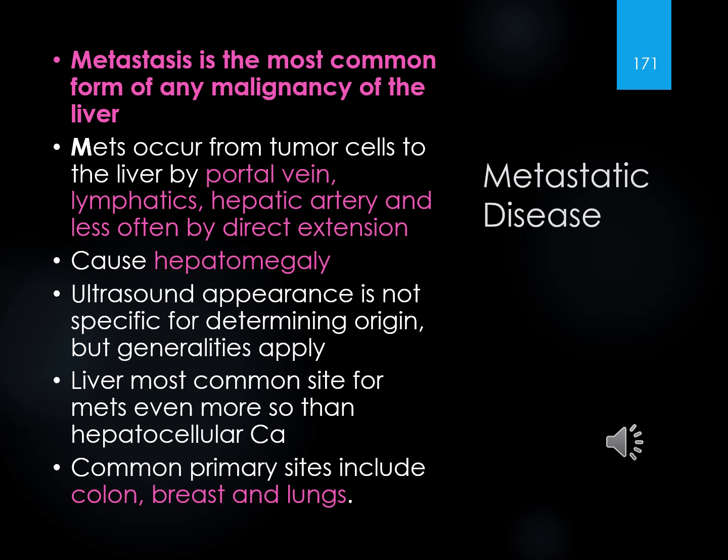In fact, breast cancer likes to spread to the lymph nodes and the bones and the liver and the brain. You don't have to know that about where breast spreads unless you end up taking breast boards, but just FYI, the liver is very, very common for breast cancer to go to. So common primary sites include colon, breast, and lungs.